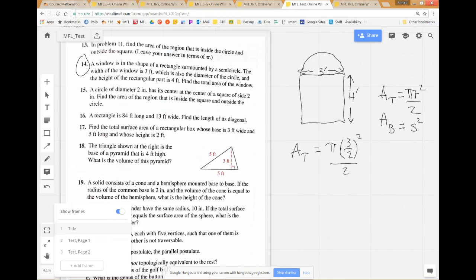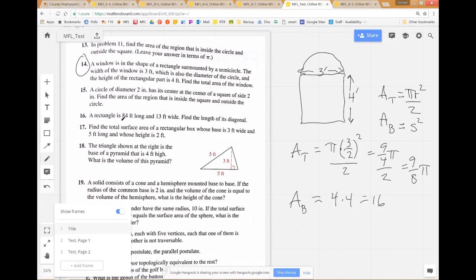Because 3/2 is half of 3, 1.5. So when you square that, you get 9/4 pi over 2, which is 9/8 pi.